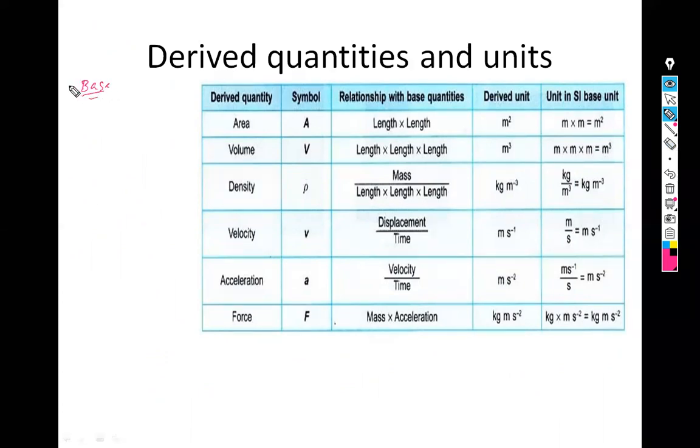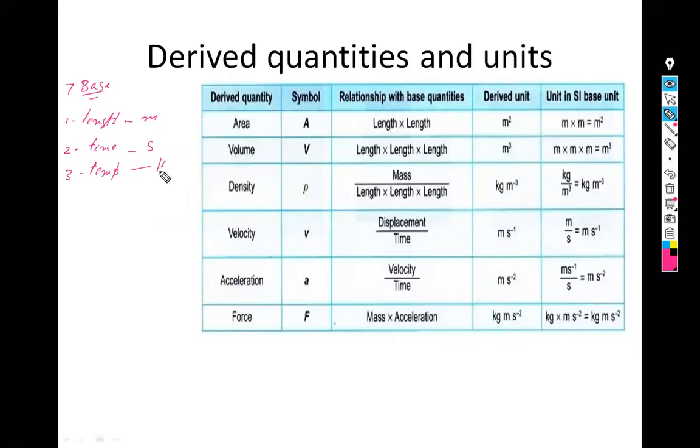How many base? 7 base. Number 1, length. That's always in meters. Number 2, time. Always second. Number 3 is the temperature. Not in centigrade, keep that in your mind.